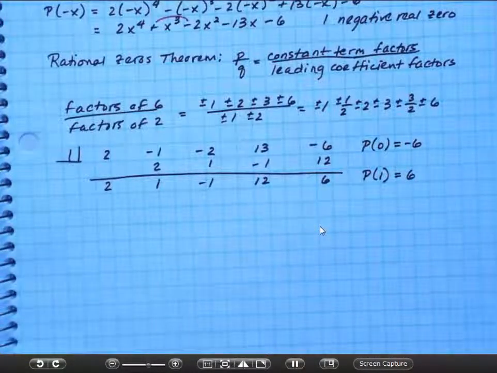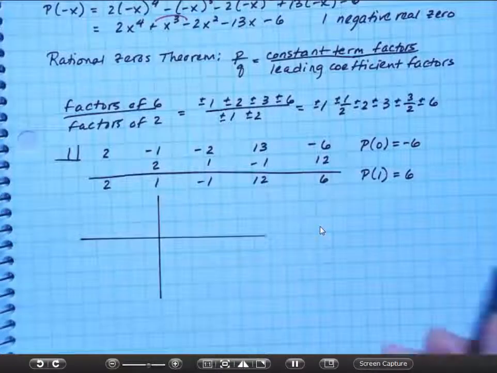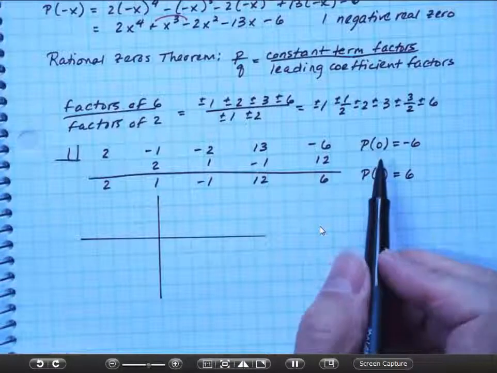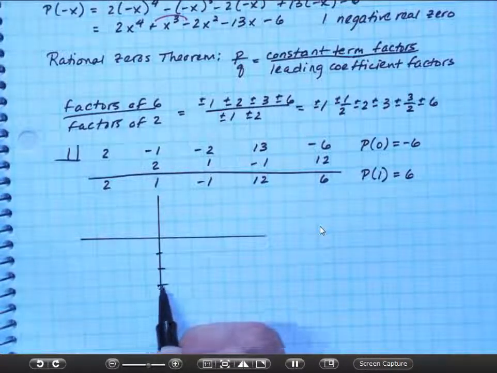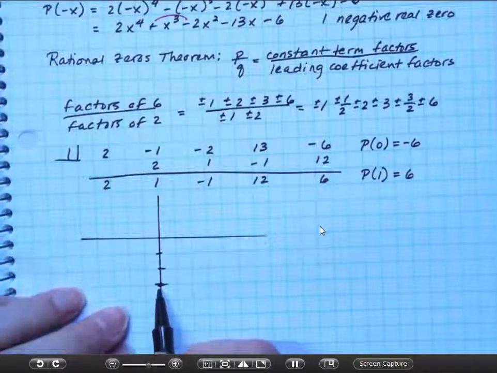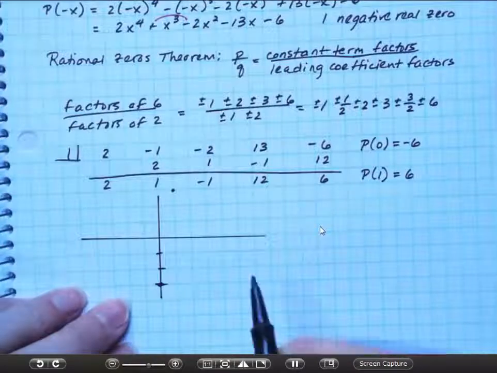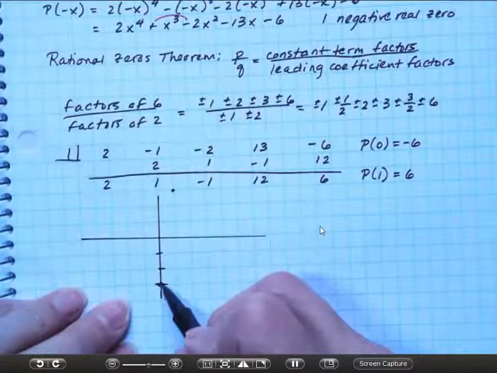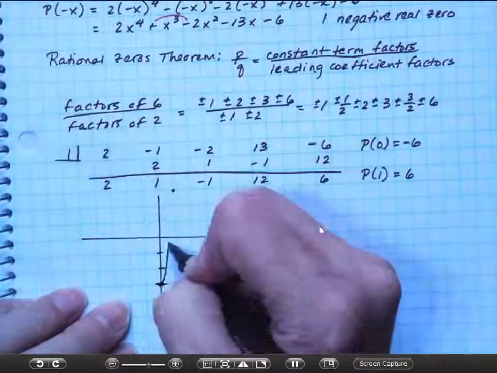Well, if we were to graph these, I'm just going to do a real quick sketch for you. So p of 0 is negative 6, so negative 6, we're down here. And p of 1 is 6, so we're going to be up here. To get from x equal to 0 to x equal to 1, I'm going to need to go up like this.